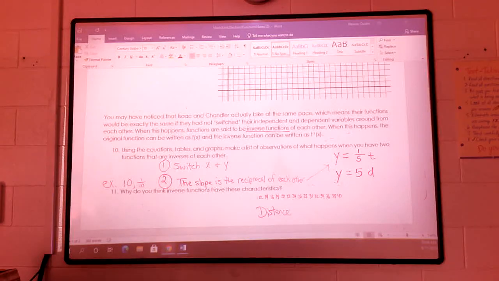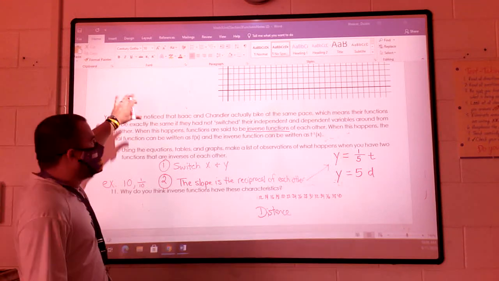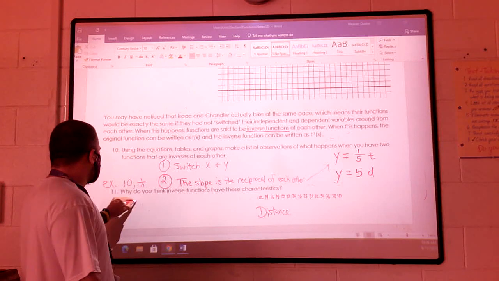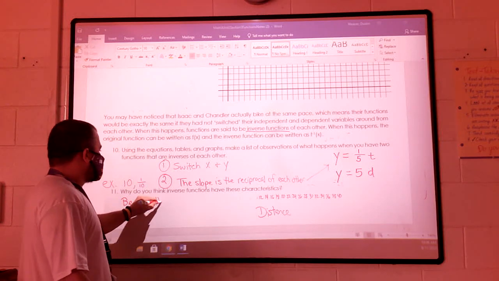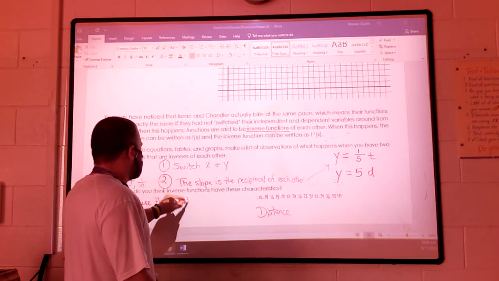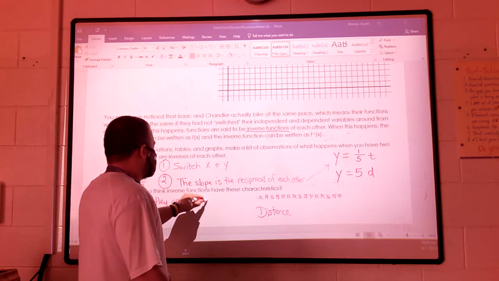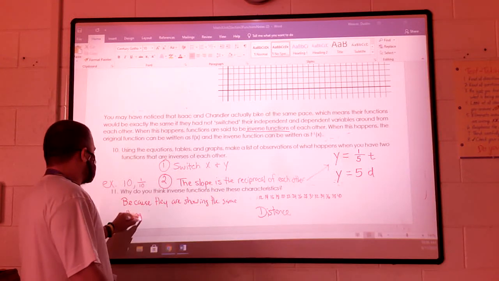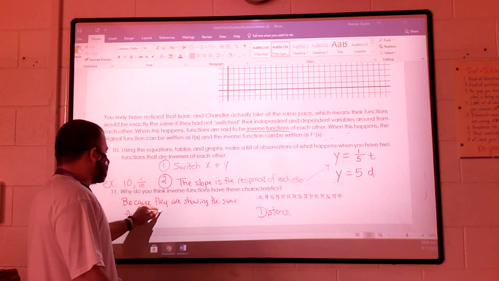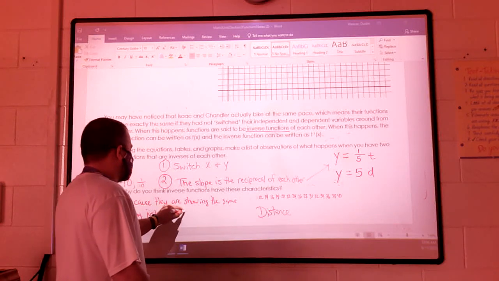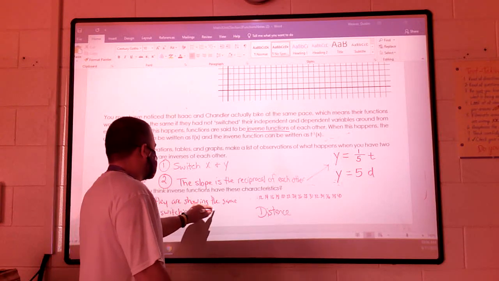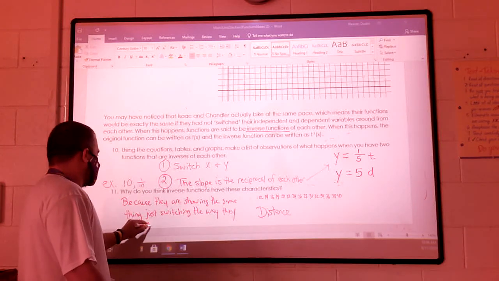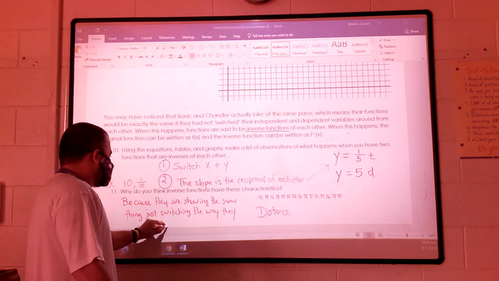The reason that we're talking about this is because they are showing the same thing, just switching the way they write it. So it's the same as Chandler and Isaac.